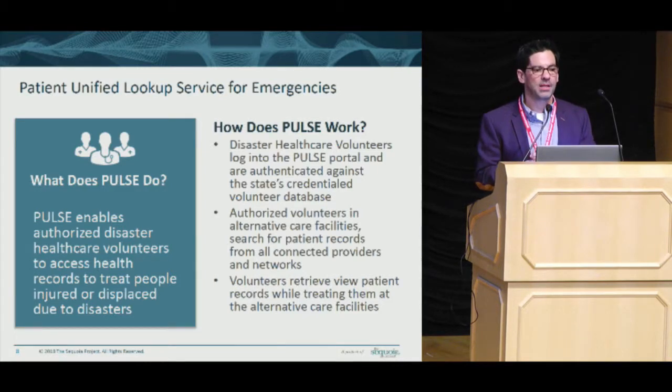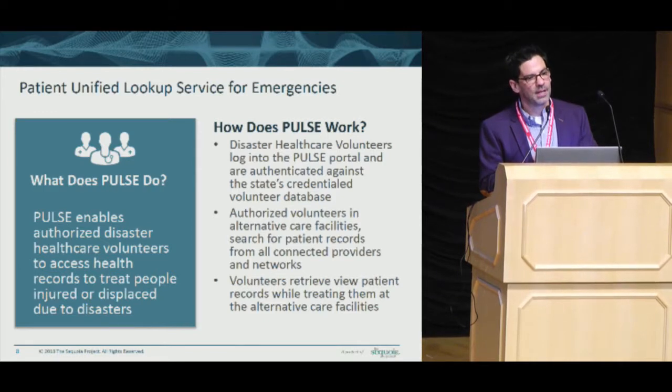And the concept here is that you've got a patient who's been displaced, let's say, by a hurricane. And they don't know what their medications are, their problems are, their allergies are. They try to call their provider office back home. It's been flooded or is closed for other reasons. They try to call their pharmacy, same deal. And so they wind up in an alternative care setting.